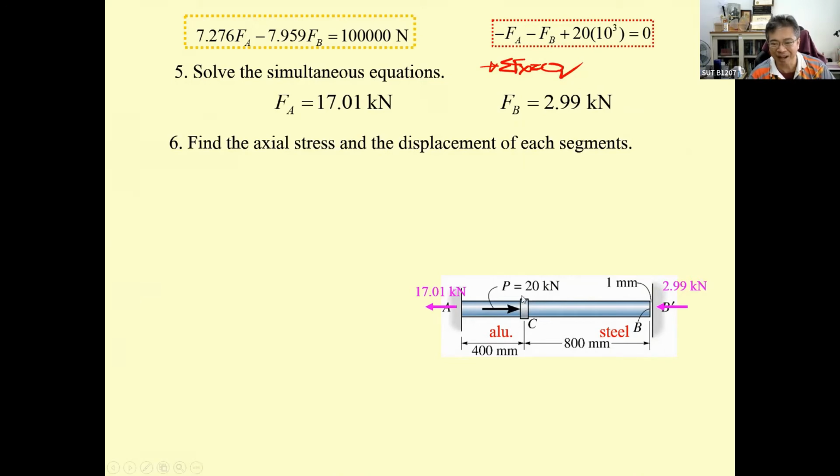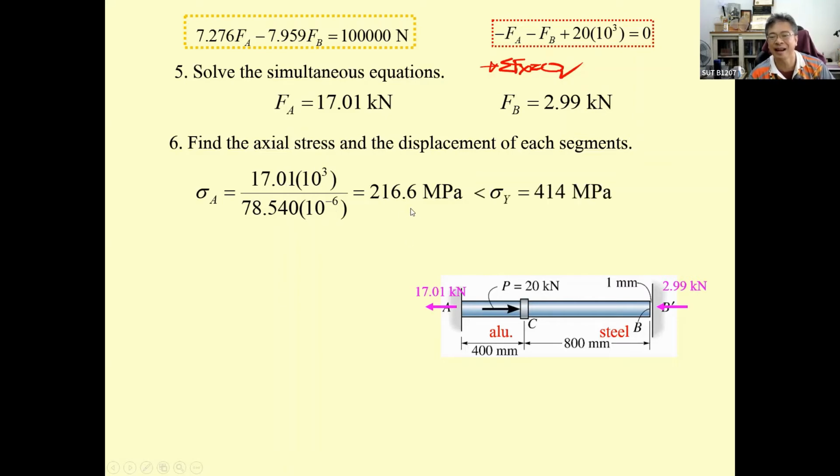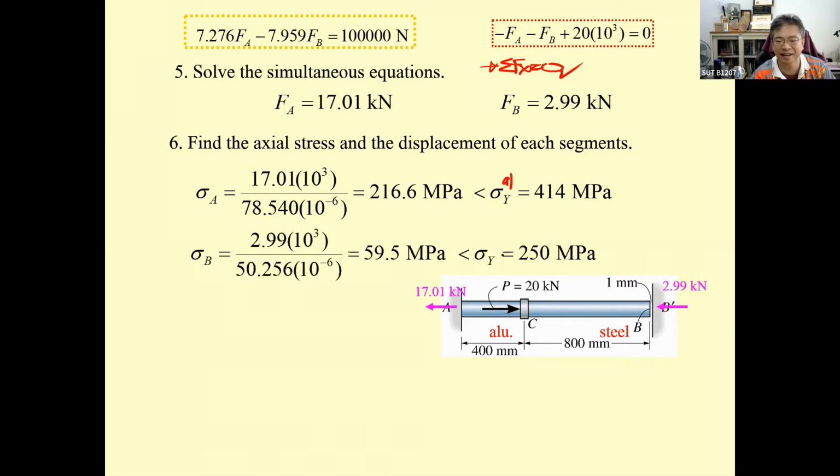Now, the axial stress, just divide the F sub A, the force inside this member, by the area. That is going to be less than sigma sub y of the aluminum. And F sub B is less than sigma sub y of the steel.